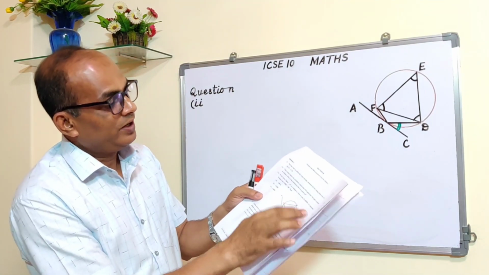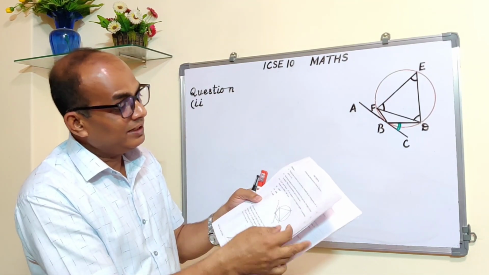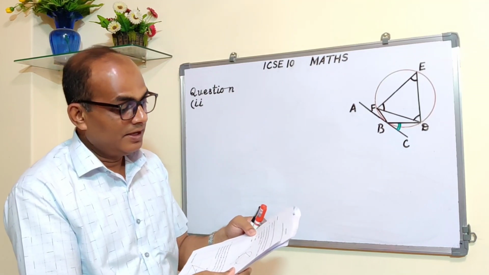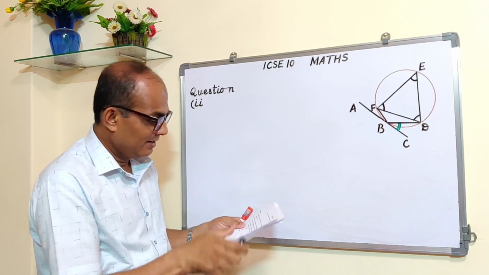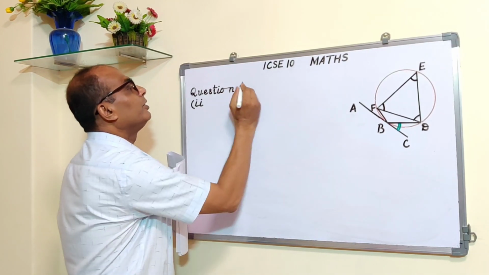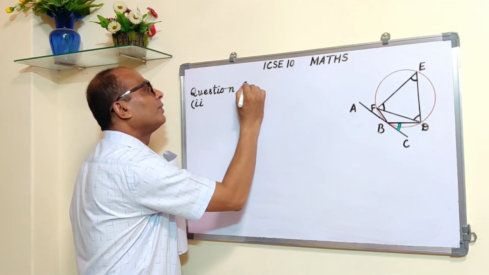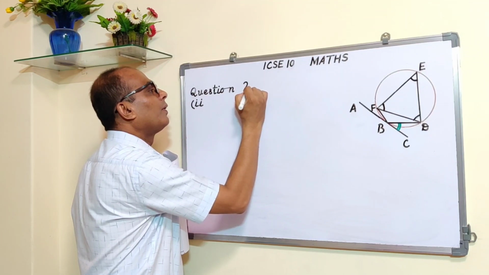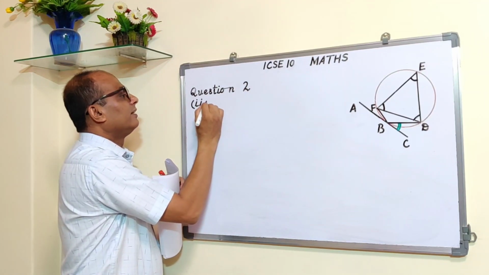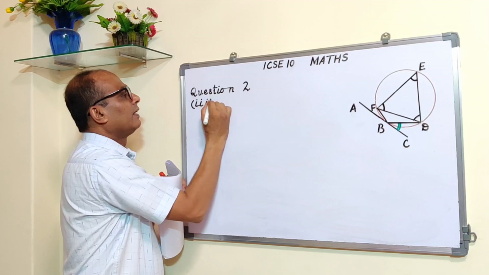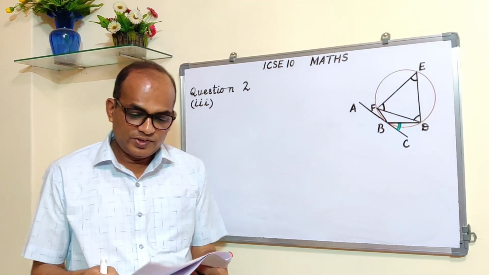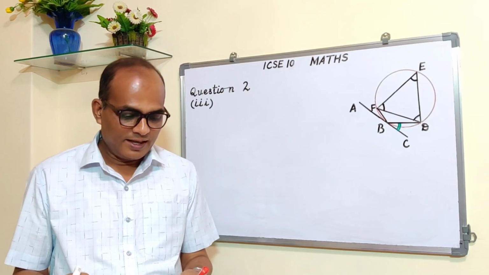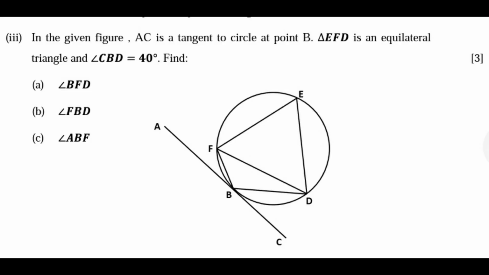So this question number 2, 3rd sub question, and it is for 3 marks. There are 3 sub questions.